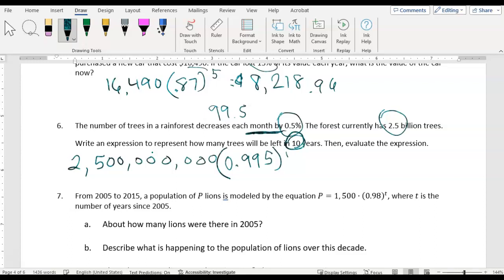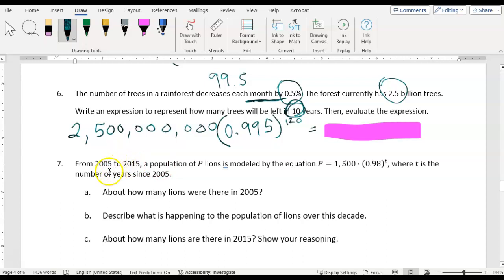So 10 years in months will be 120. And then you can go ahead and evaluate the expression. In this case, you can put that into your calculator to make sure that you have an accurate number. So you are responsible, and I'll know if you listened, for filling in that amount there.